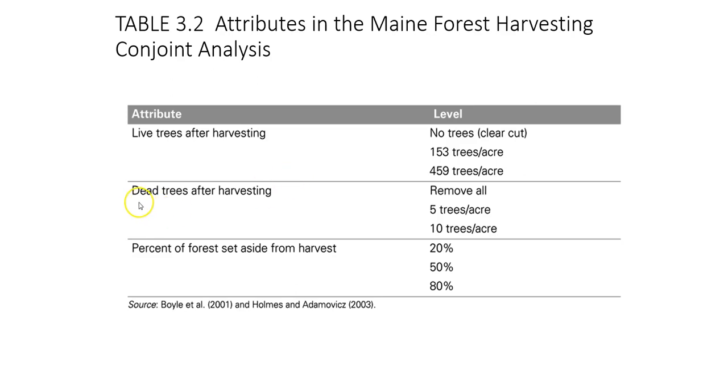And they're described how many dead trees are left in the woods after harvesting. These are left there instead of hauled off. I guess the best scenario would be if all those are removed, and then there are 2 other scenarios where 5 and 10 trees per acre are left. And then respondents would be presented with the percentage of the forest that is excluded from logging, and the levels would be 20%, 50%, and 80%.